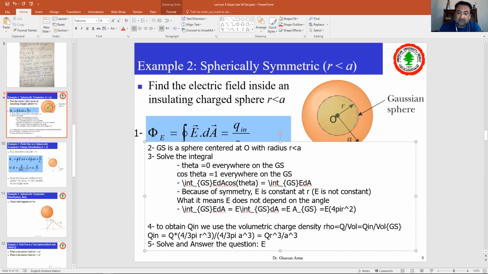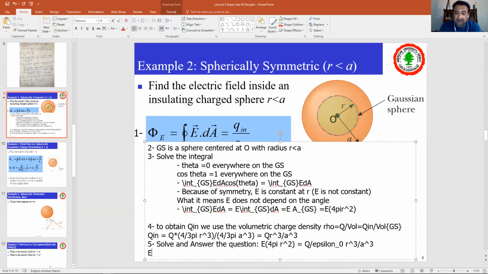I have E multiplied by 4 pi R squared equal to the charge inside, which is Q, that I know, I've given it to you, times R to the power 3 divided by A to the power 3. And then, of course, this is all divided by epsilon 0.